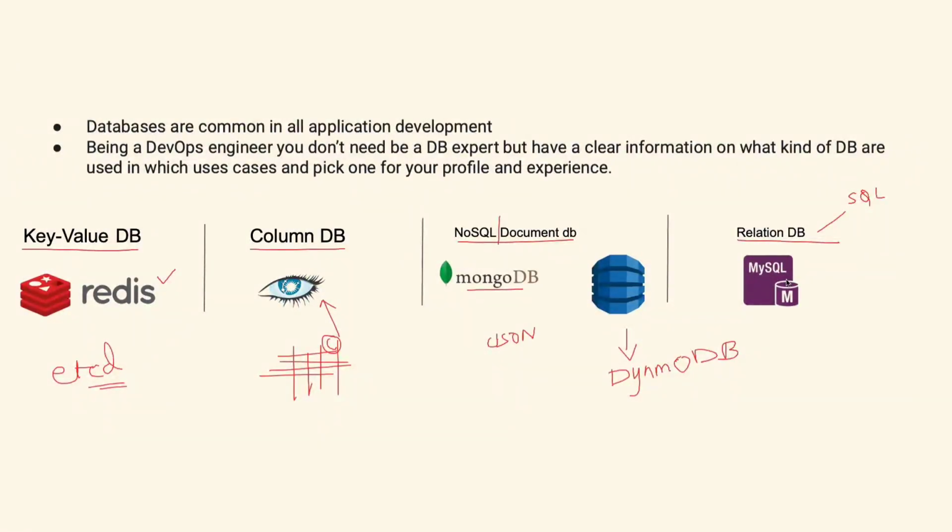If you are trying to be a part of an IT company or trying to become a DevOps engineer, in that case, my suggestion is you say you have worked with relational databases. And you can say, in my team, we are using relational databases and we have multiple relational databases.